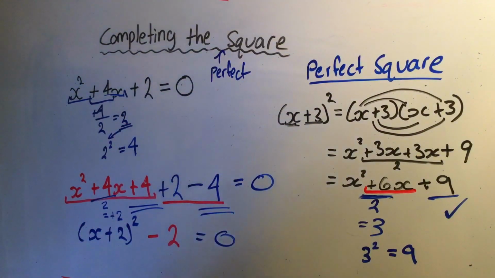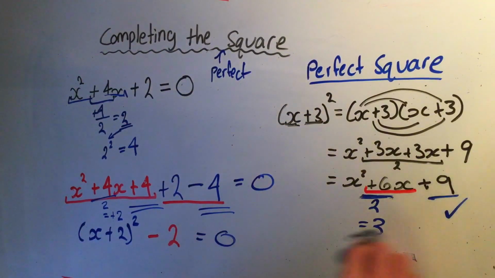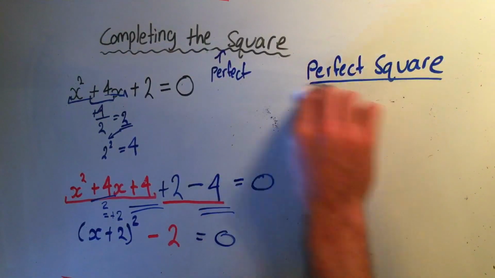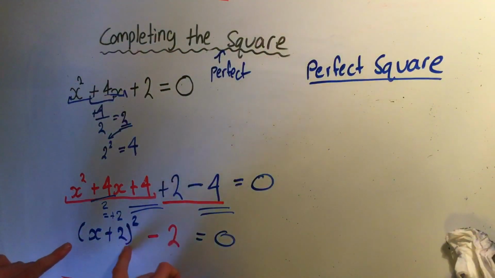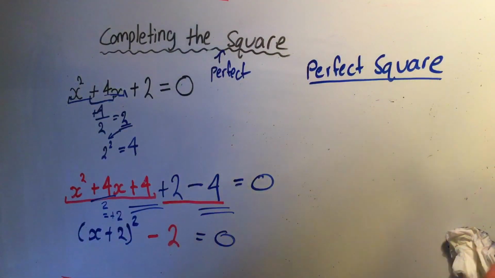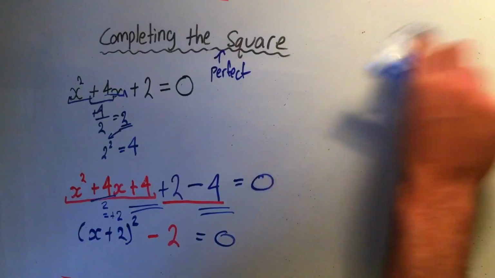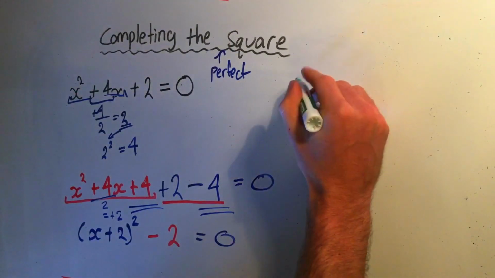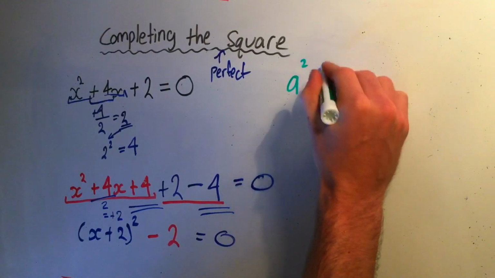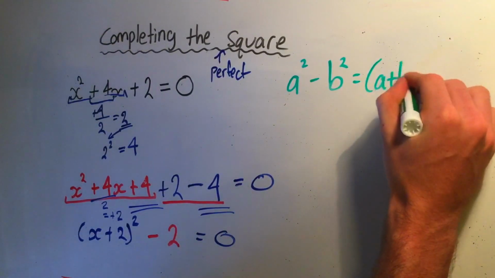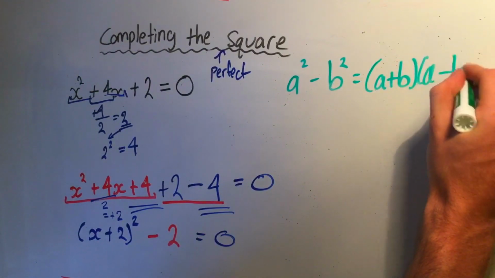The next thing you do, and I'm going to rub this out, is we're going to realize that right now we have two terms, essentially. We have this bracket squared minus another number. That means that we can use difference of two squares. We're going to remember the formula that a squared minus b squared equals a plus b, a minus b.